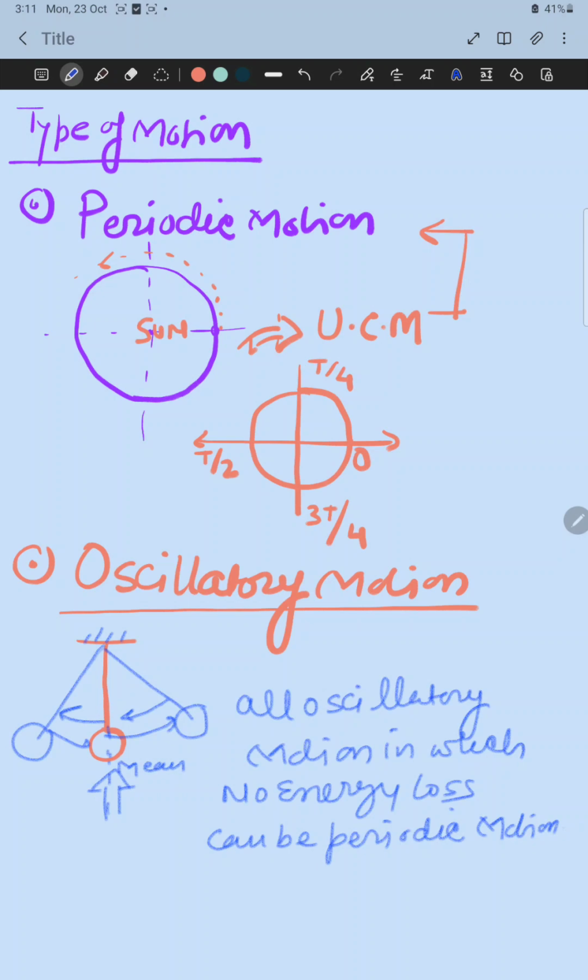So all oscillatory motion where the particle has not lost its energy. Once the particle loses energy, that is also called damping.